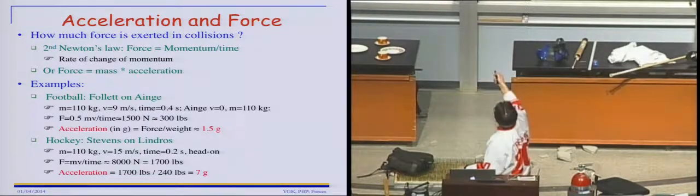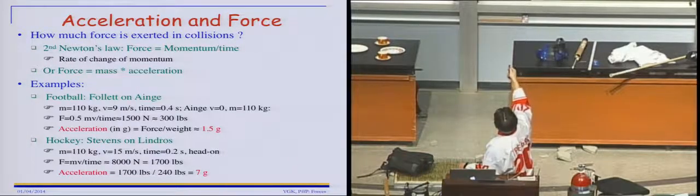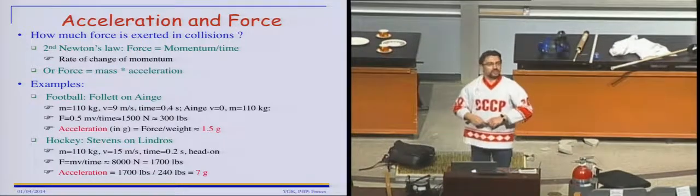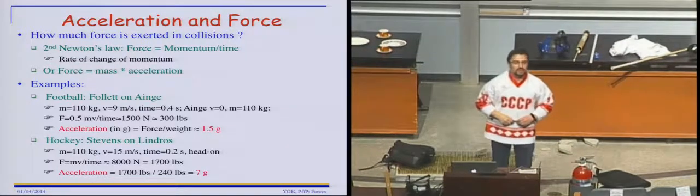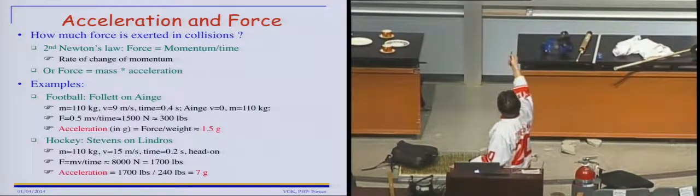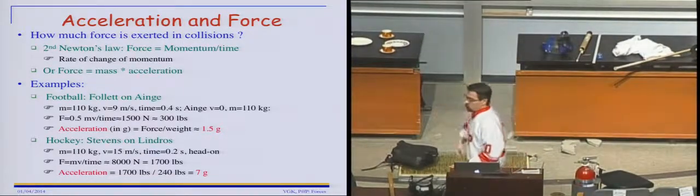So the law is simple. Force is equal to change in momentum over time. This is actually the way Newton wrote this law. The amount of force is equal to the change of momentum divided by the period of time over which this change happens.